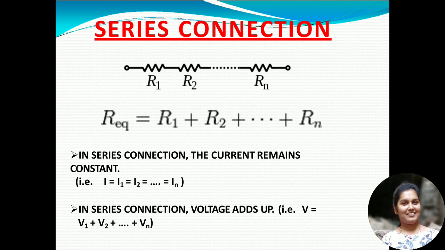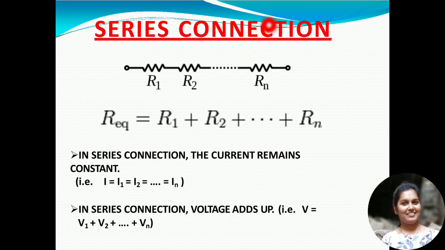Series connection is nothing but, as you can see on the screen, when one end of a resistor is connected to the other end of another resistor. If we take 1, 2 as terminals, for example, the end of one resistor is connected to the starting of the next resistor, and the end of the next resistor is connected to the starting of the following resistor.